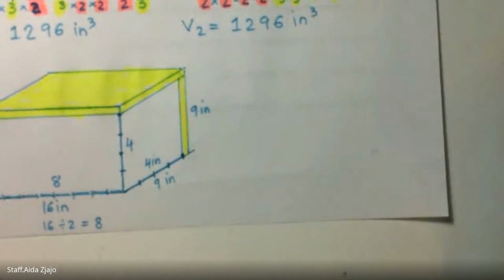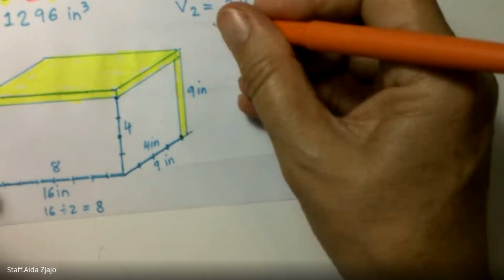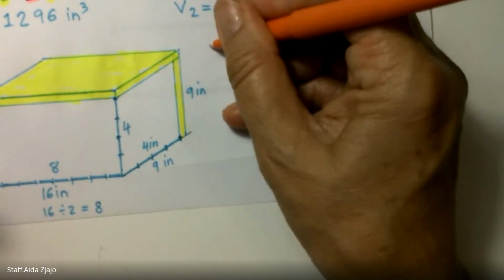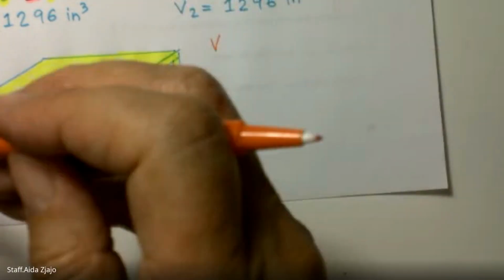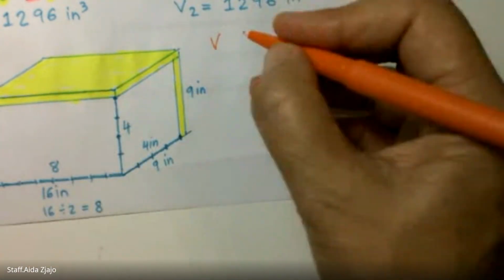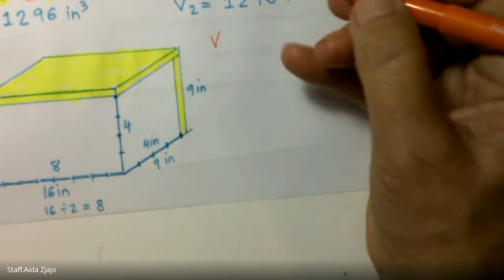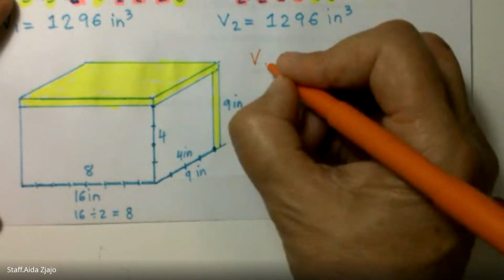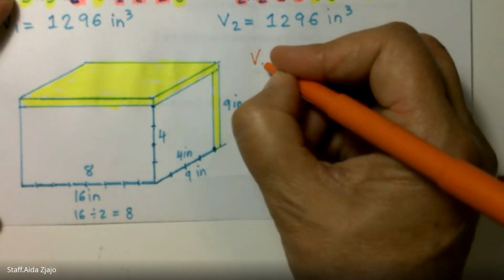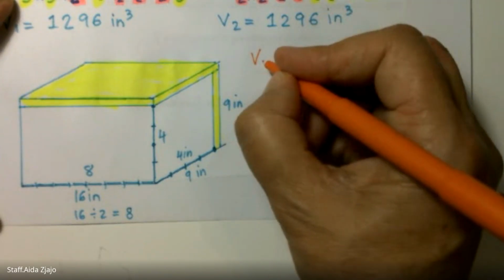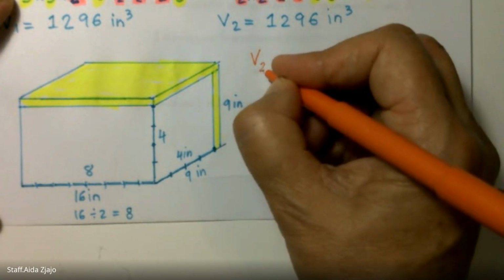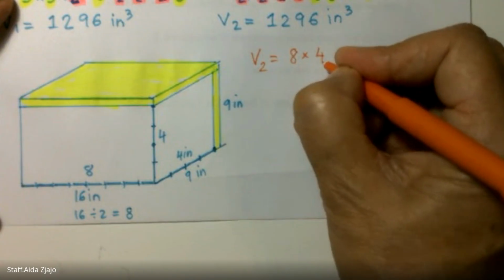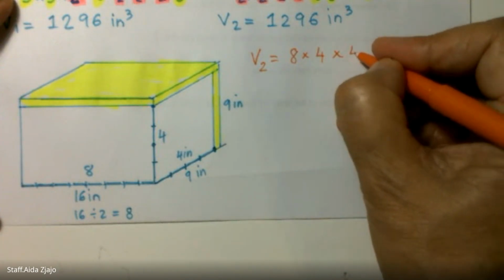Not the volume of the box, I would say, but how many 2-inch cubes there would be if I multiply 8 by 4 by 4.